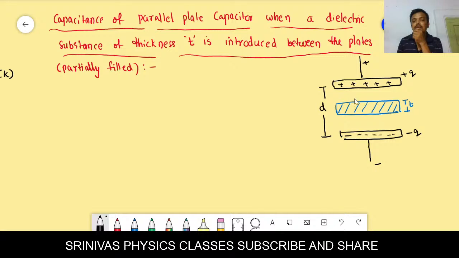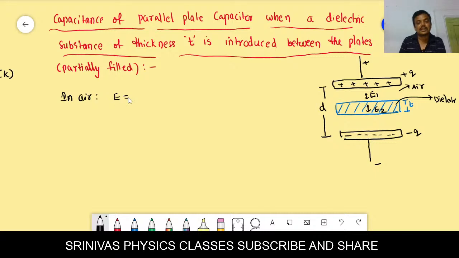In this case, the electric field I want in air, this is air, and this is also air. Here it is dielectric. In the air the electric field I am considering as E1, and in the dielectric I am considering the electric field as E2. First I want to write the electric field in air.